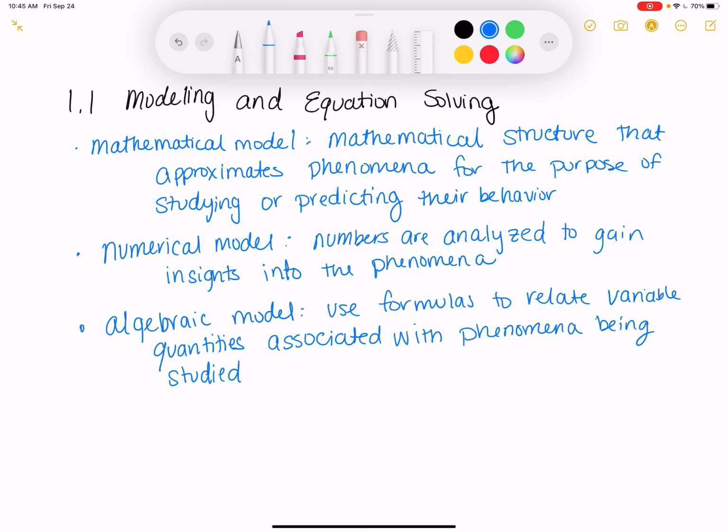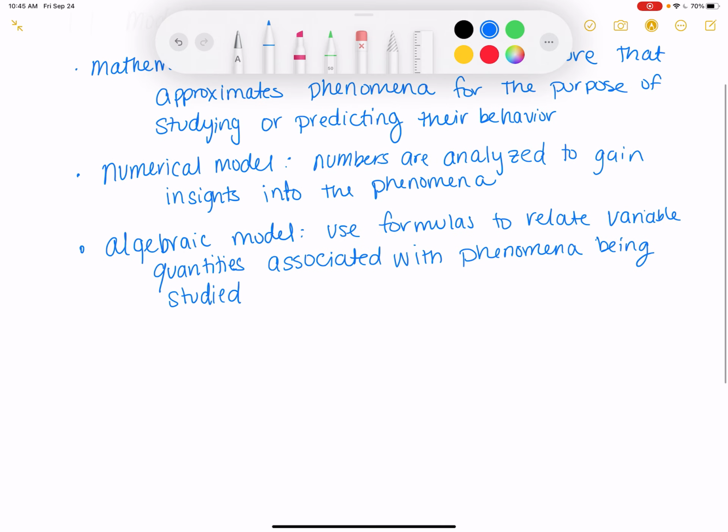Okay, so I'll do an example in a minute with one of those, just so you can kind of get an idea of what we're talking about.